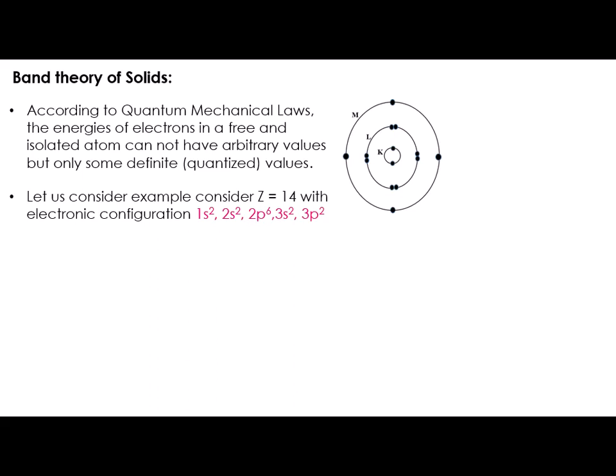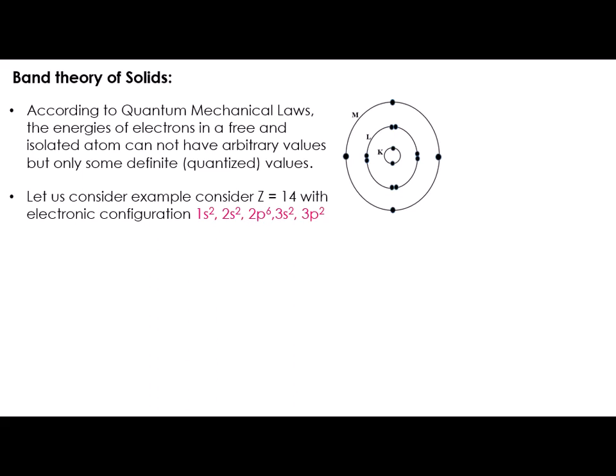It is not completely filled. Out of these 4 electrons, 2 electrons are in the S subshell and 2 electrons are in the P subshell. So, out of 6 vacancies of the P subshell, only 2 are filled with electrons and the rest 4 orbitals are unfilled.